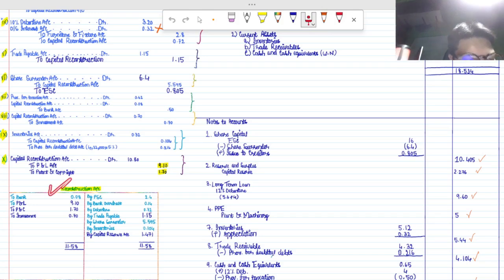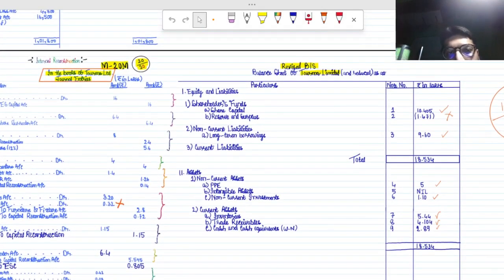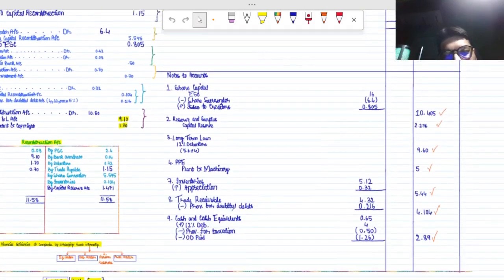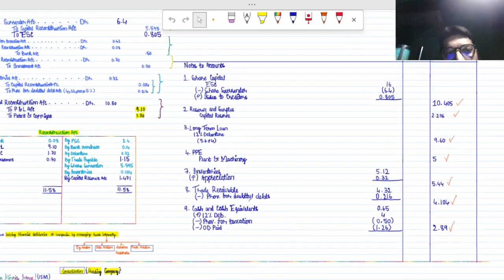This is the reconstruction account, and in the reconstruction account there is a balance of capital reserve of 1,04,071 rupees. So this is the balance sheet, and these are the workings.